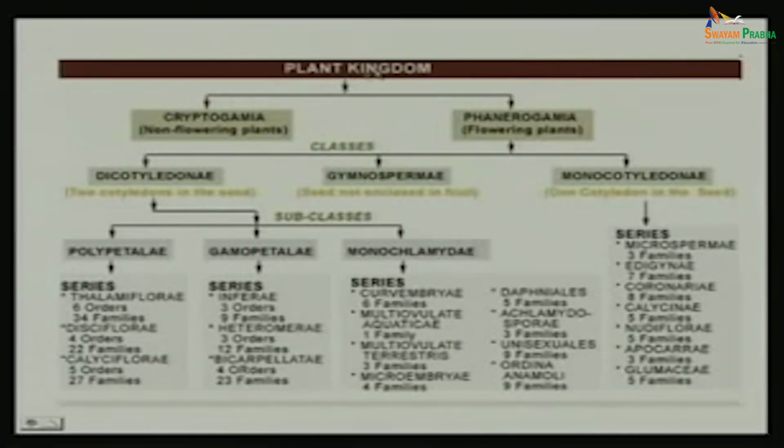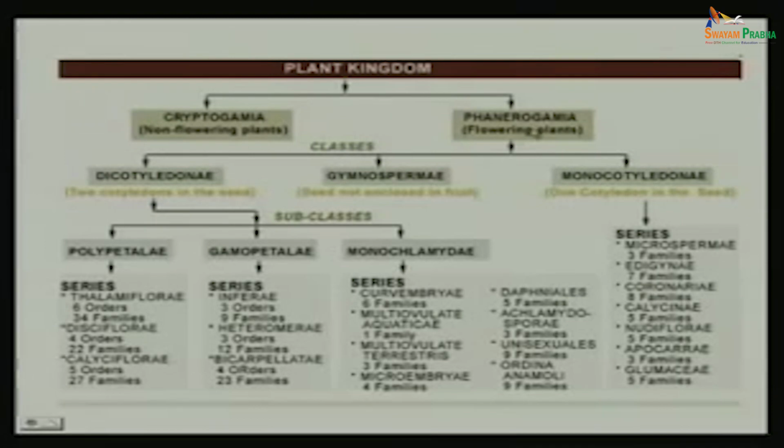Now, when we are coming to this plant kingdom, these eukaryotic organisms can be divided into two groups based on the nature of the flowering. One group is called cryptogamia or the non-flowering plant. Another group is called the phanerogamia, which is the flowering plant.